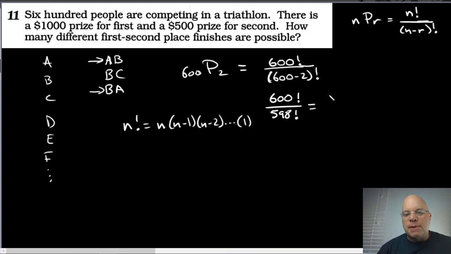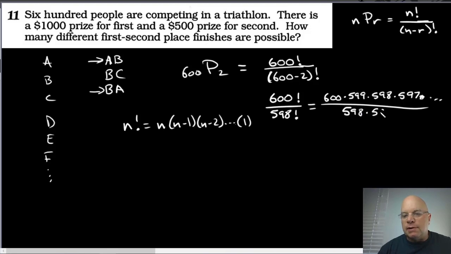So if we expand 600 factorial, it would be 600 multiplied by 599 multiplied by 598, multiplied by 597, and it just keeps going on, not forever, until we get to 1. But 598 factorial will be 598, multiplied by 597, multiplied by etc.